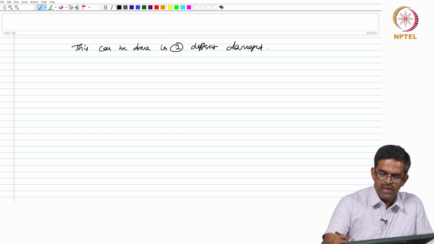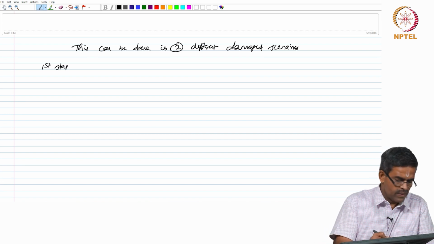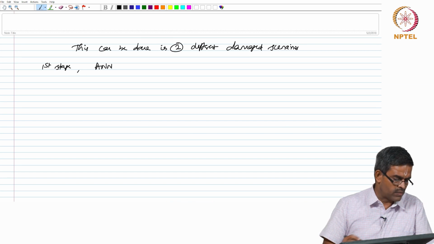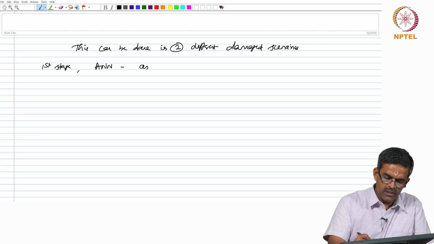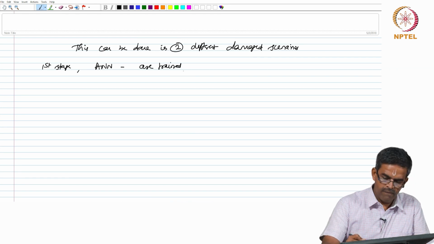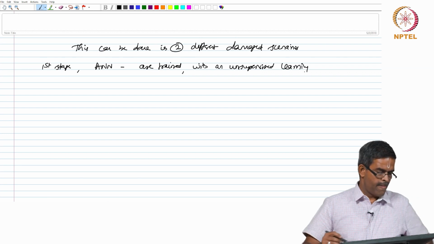Then there are different damage scenarios. In the first stage, I can use an artificial neural network essentially trained with an unsupervised learning approach.